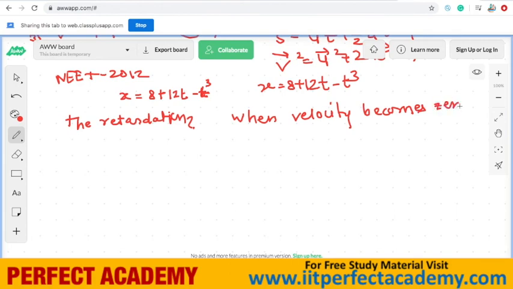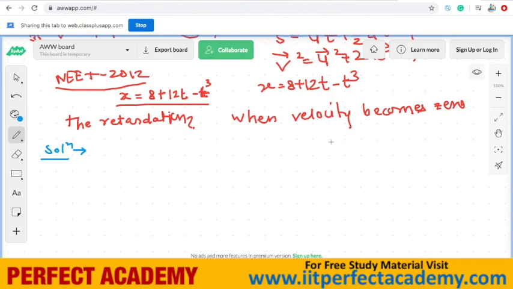So this question was asked in NEET 2012. This is the given relation, x = 8 + 12t - t cube, and you have to find out what is the retardation when velocity becomes 0.